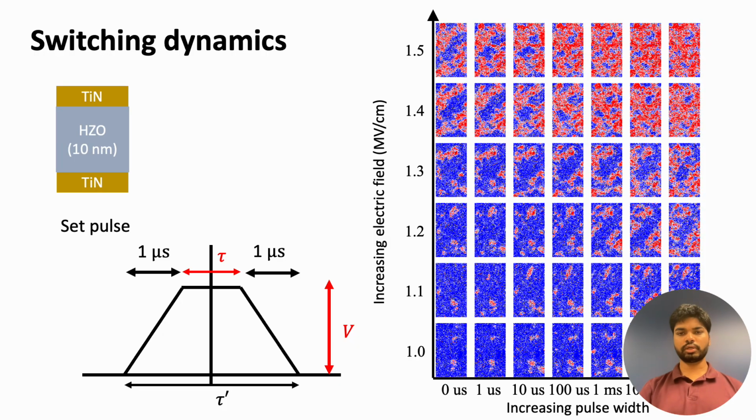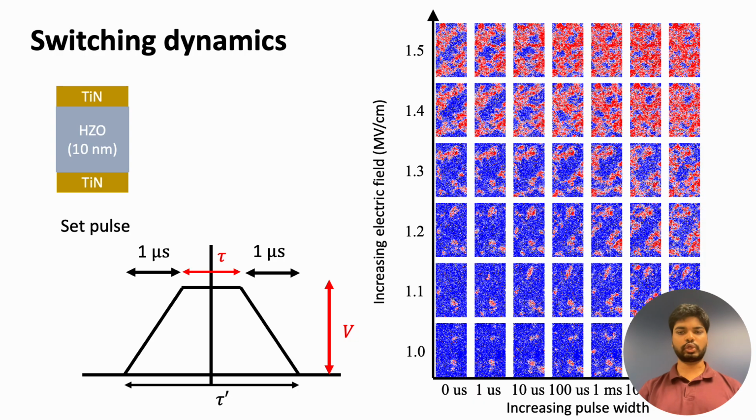Now, if you look at the top right corner, we see that the switched fraction of the ferroelectric thin film has increased monotonically, and towards the top right, most of the region has become red, meaning most of the ferroelectric thin film is now pointing downwards in ferroelectric polarization.